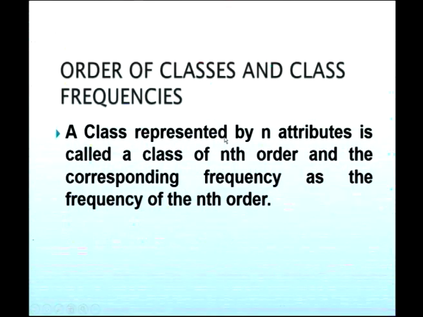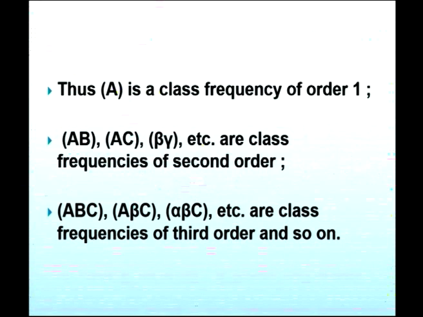Then we talk about order of classes and class frequencies. Now, these are all basics to study the consistency of data of attributes. A class represented by n attributes is called a class of nth order, and the corresponding frequency is called the frequency of the nth order. So, when you represent the attribute A as a class, bracket A, it is a class frequency of order 1.